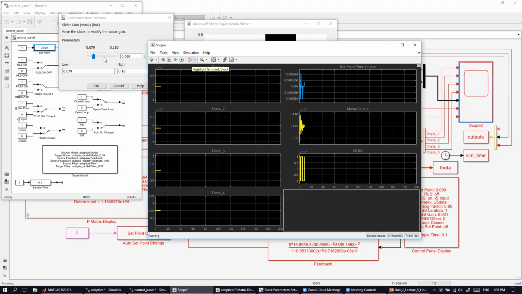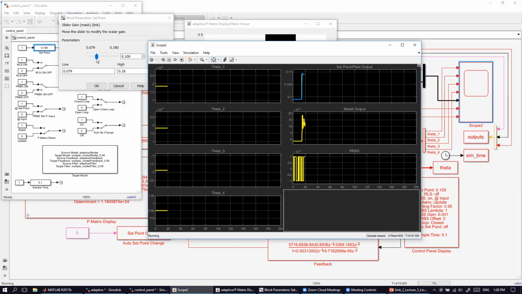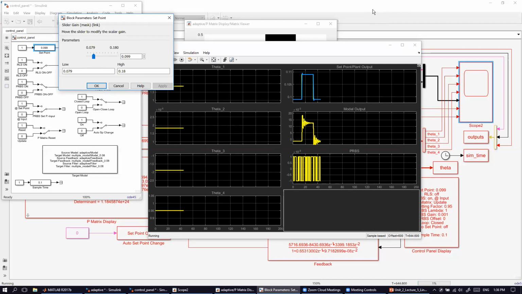At this operating point I'm going to do the step test again with the parameters that have been identified at the high operating point, like this. Okay, and now I'm going to stop the simulation and we're going to observe the results.